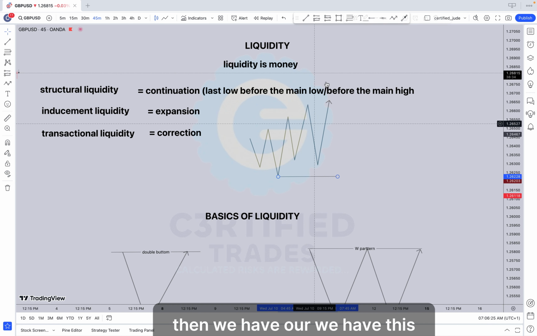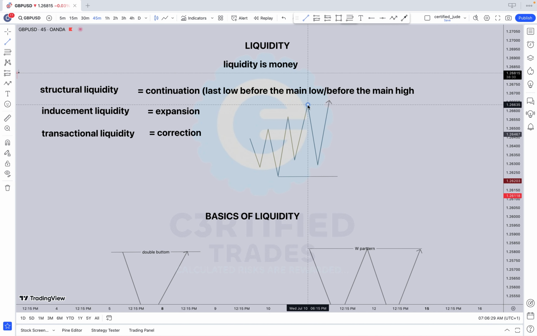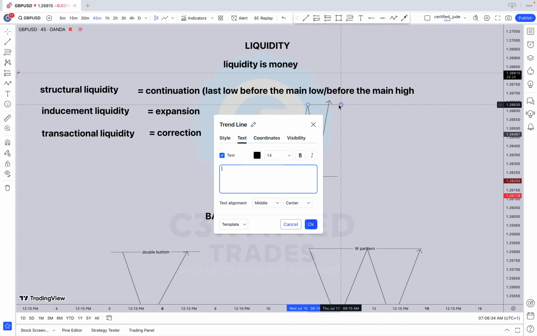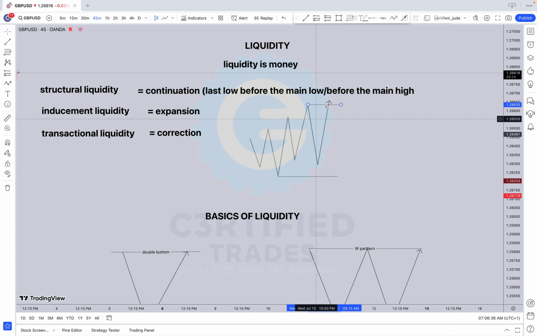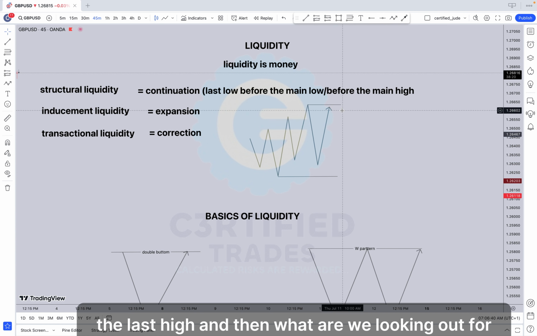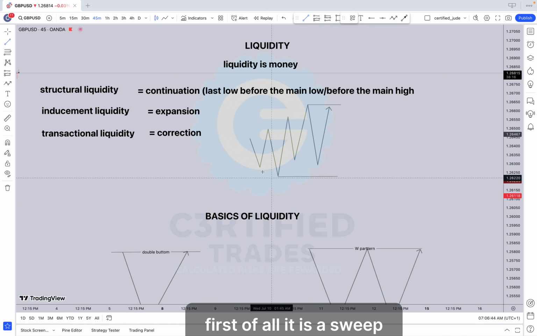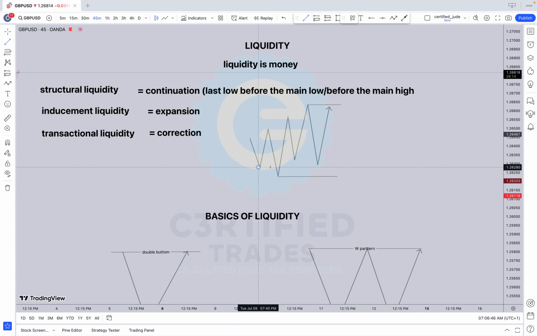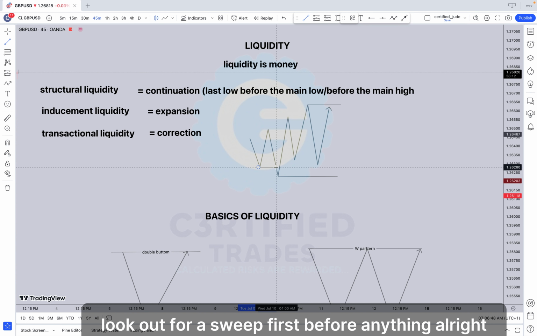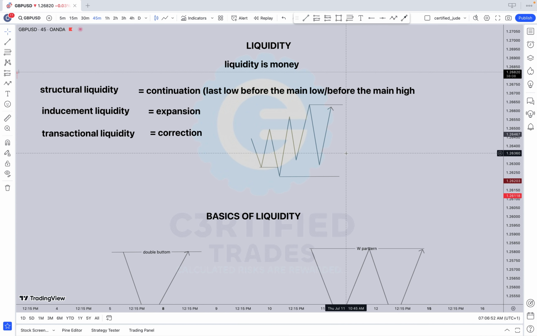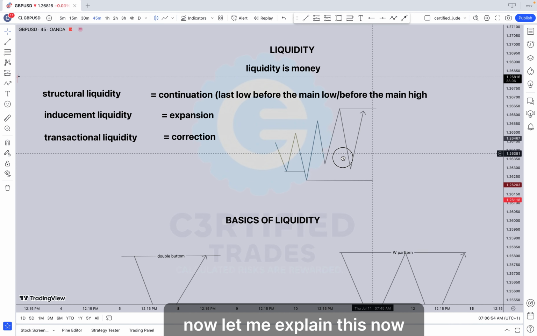Then we have the last high. And then what are we looking out for? First of all, it is a sweep. First look out for a sweep before anything. Now let me explain this.